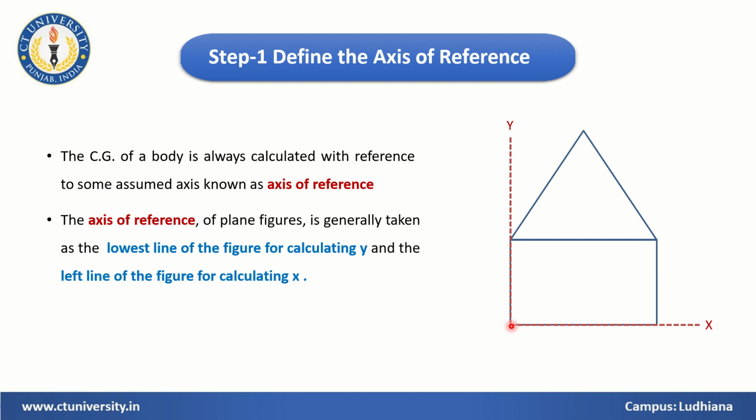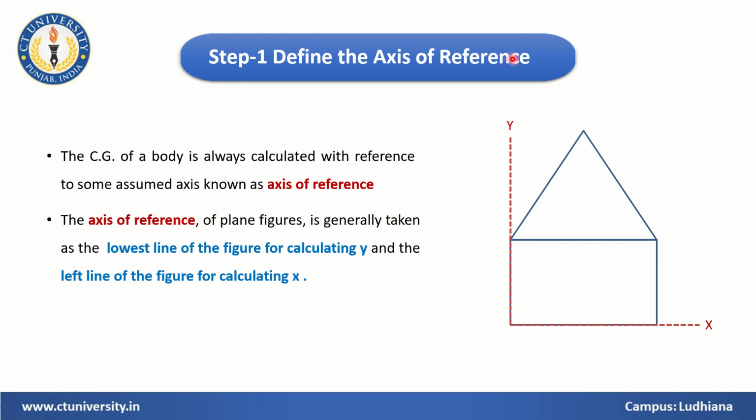So the extreme bottom, we will take as the x-axis, so all the distances will be calculated from this axis only. And the extreme left point of the figure shown here will be taken as the second axis of reference, and we will take all the x distances from this axis only, right?